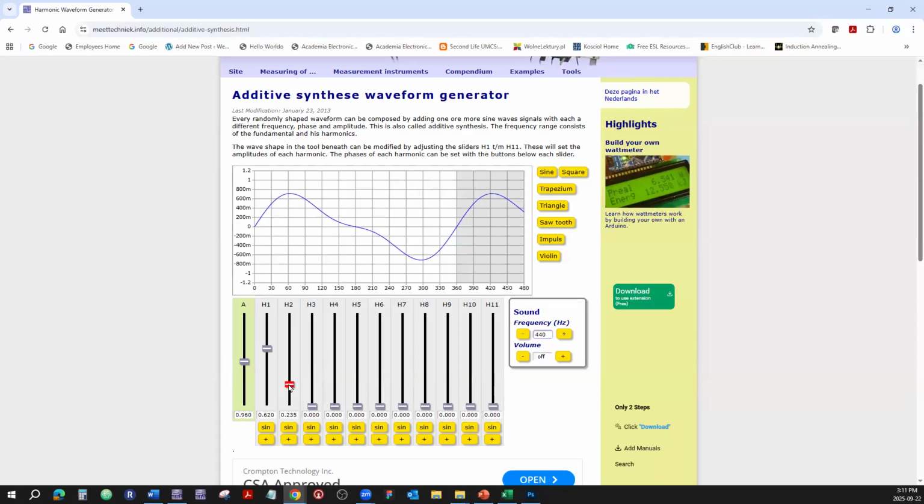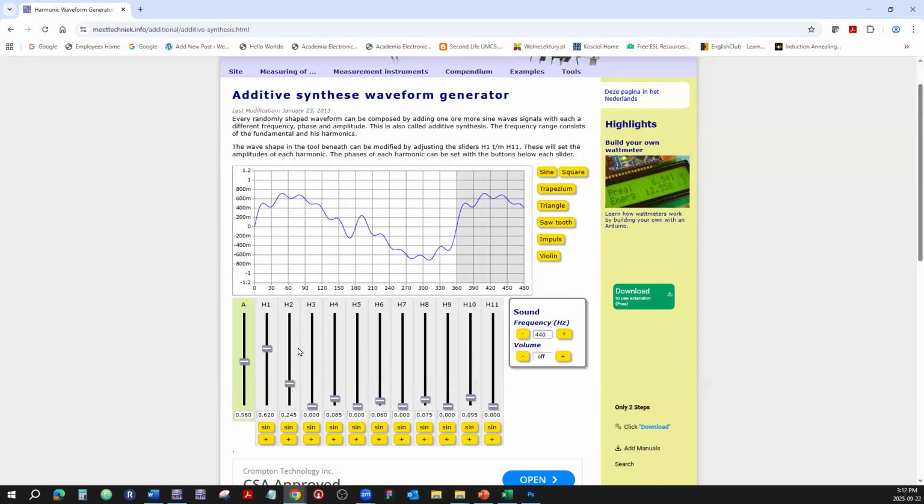Look what happens if we start adding the even harmonics. Oh, look at that. You almost get a sawtooth coming here. Fourth, sixth, eighth, and 10th. We're almost getting a triangle happening here. So even harmonics is going to give us a triangle, and odd harmonics is going to give us a square wave.